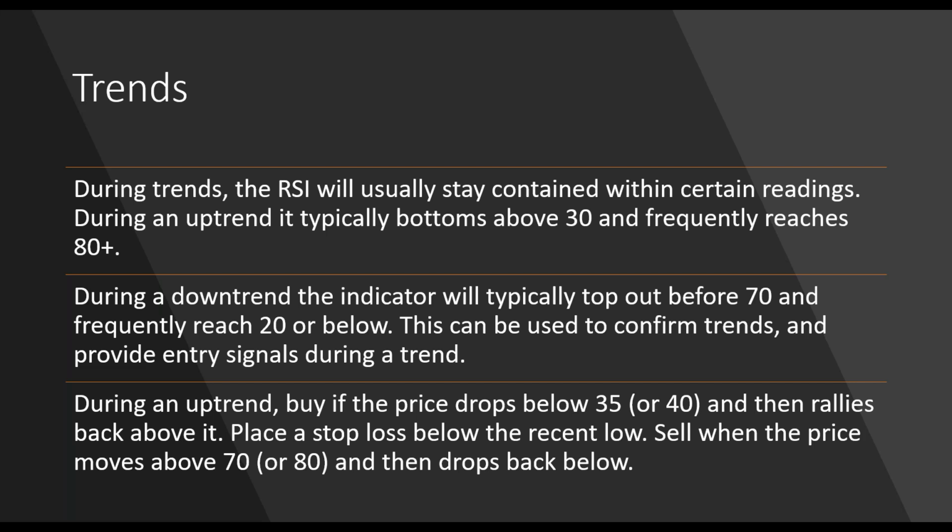During an uptrend, buy if the price drops below 35 and then rallies back above it. Place a stop loss below the recent low. Sell when the price moves above 70 and then drops back below it. So what you want to do is wait for price to break that level and then ease back down into the safety zone.